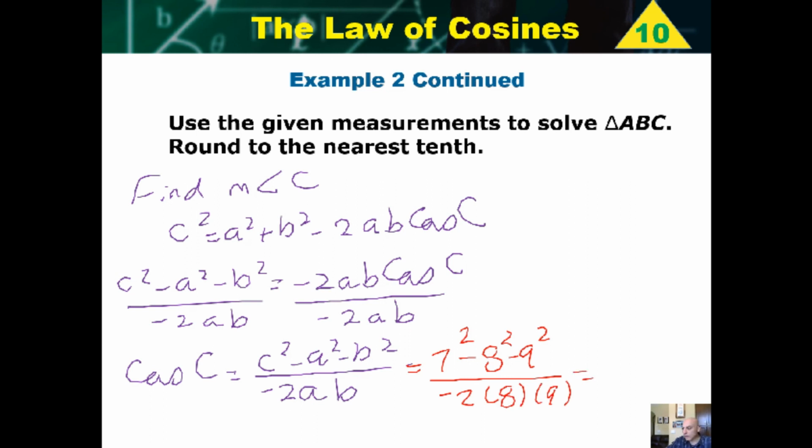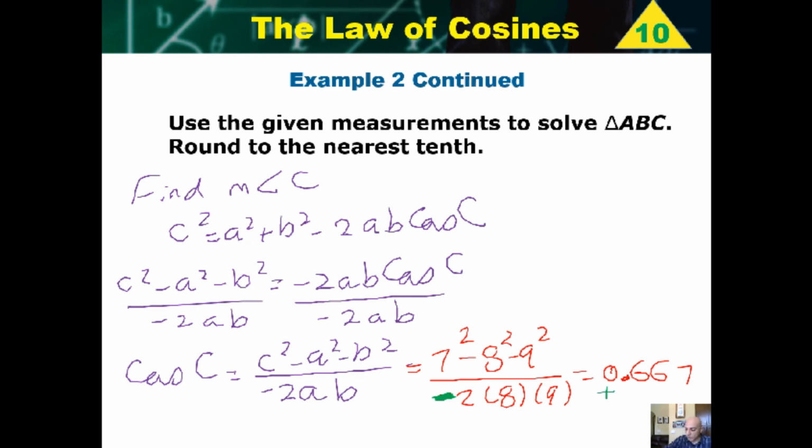The top is negative 289, and that should give you approximately 0.667. By the way, remember you're going to end up with a negative at the top and a negative at the bottom, so that's why you will end up with a positive value here.